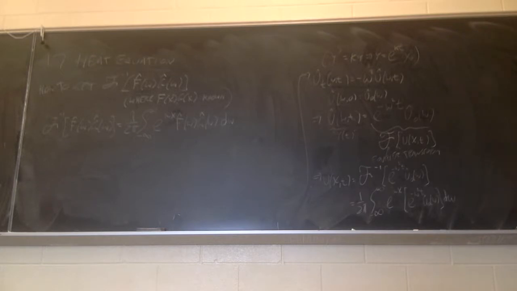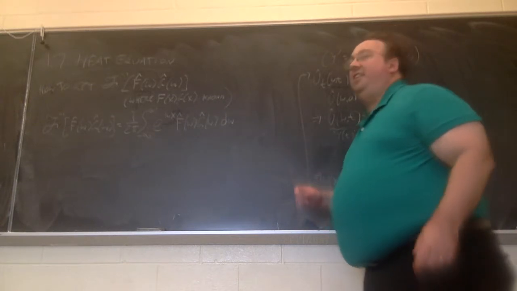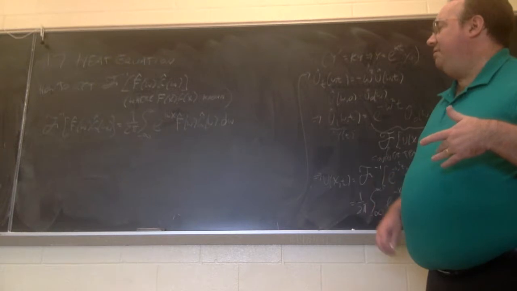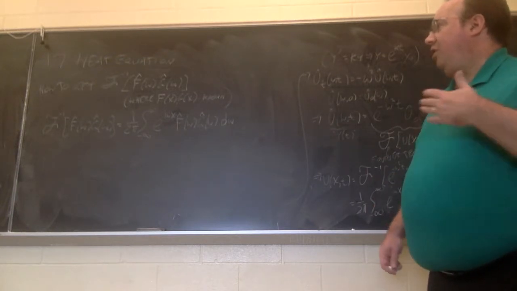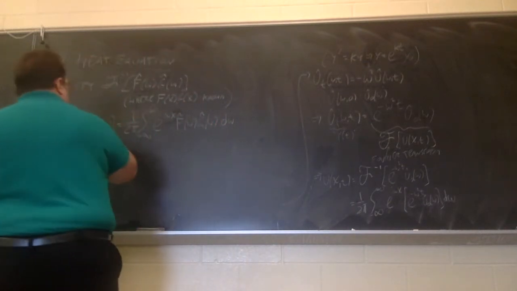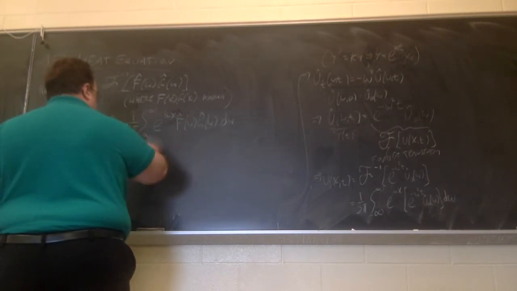Now the next thing I'm going to use is some trickery. Because I can pick one of these functions, f hat or g hat, and write it in terms of the corresponding function of x. So I'm going to use the definition of the Fourier transform, and I could pick either one. I'm going to use it on f.